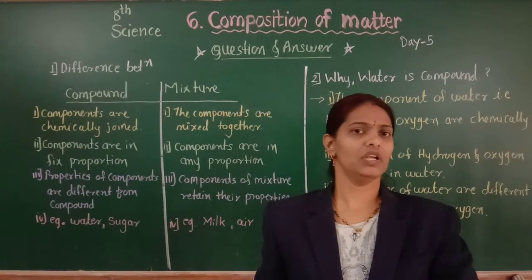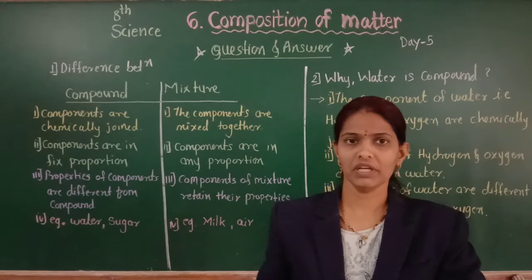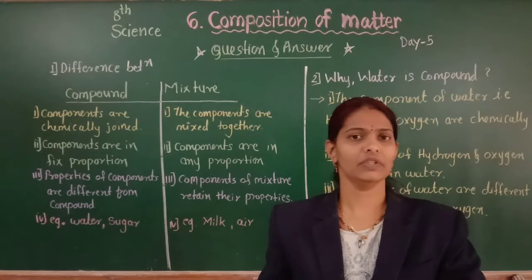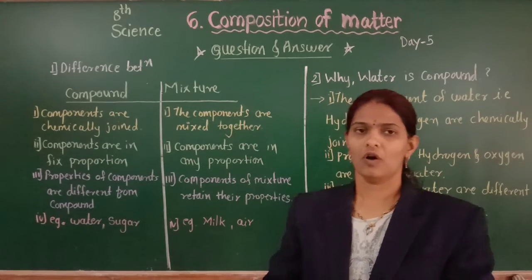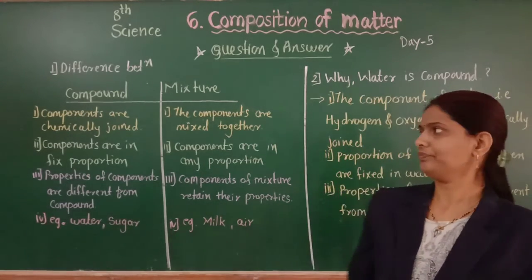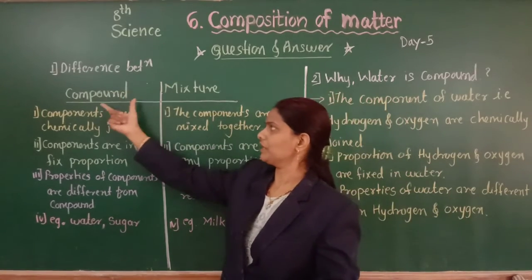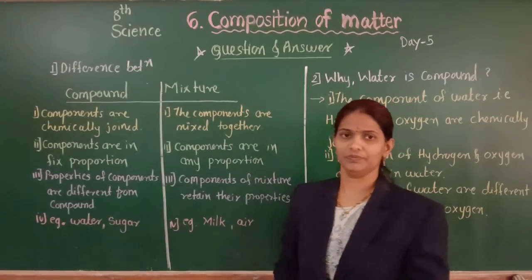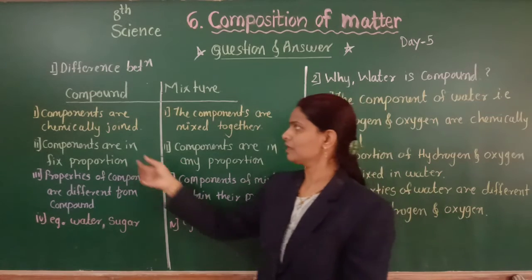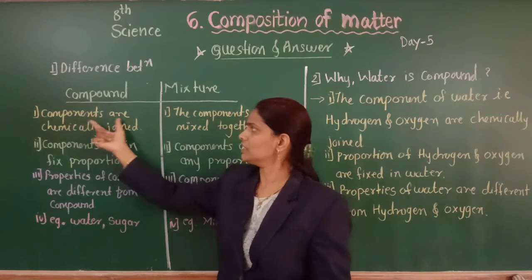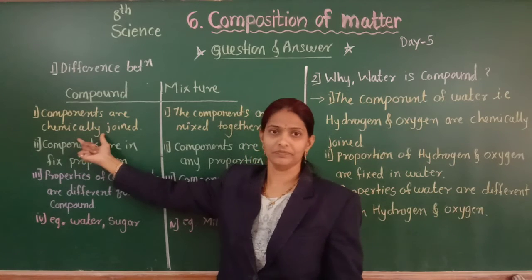Students, we have already discussed element, compound and mixture and their types. Now there are some questions and answers regarding this topic. The first question is, what is the difference between compound and mixture? The first point of the answer: in a compound, components are chemically joined.